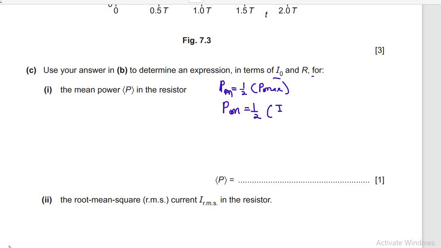In this case, we have two currents, so there will be two powers, I0 squared R plus 4I0 squared R, which gives us 5. The average power is 5 over 2 I0 squared R.